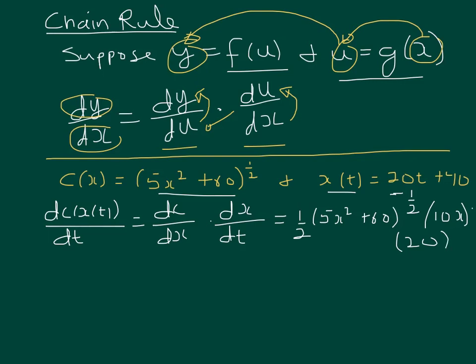So our whole expression for dc/dt is the derivative of the first thing with respect to x times the derivative of x with respect to t.